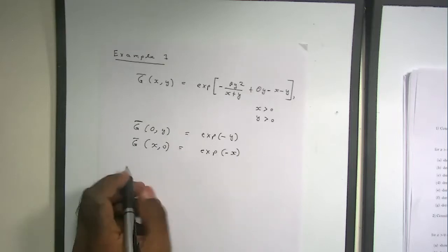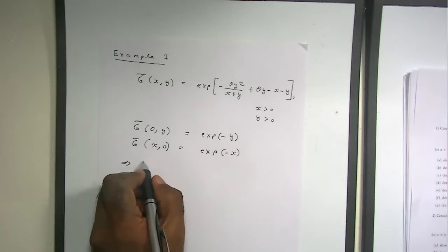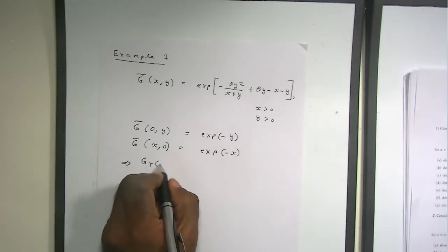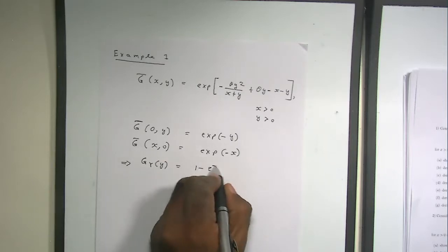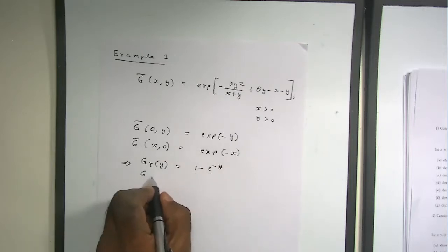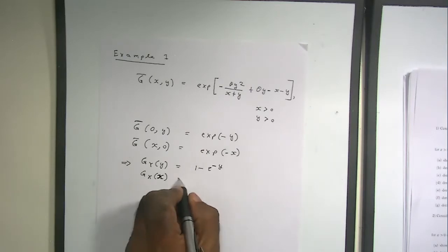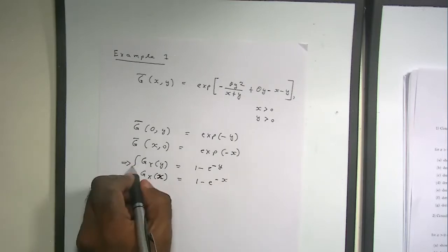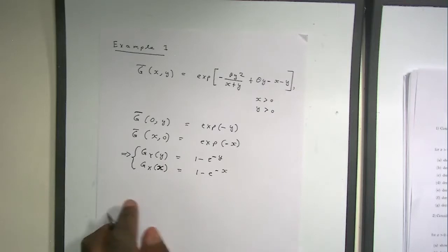So this implies that the margin of y is 1 minus, and the margin of x is 1 minus. So this clearly falls under representation number 4.